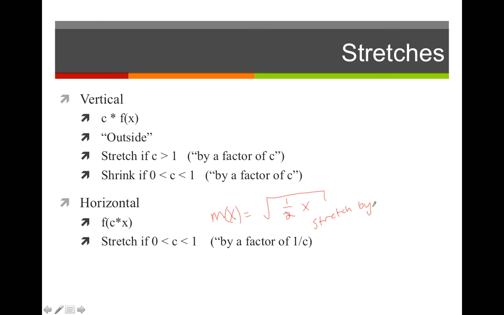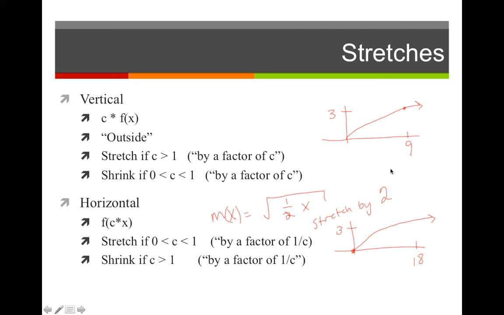So this stretches by 2, so it doubles my x values. So normally, when y is 3, x is 9. However, now when y is 3, x has to be 18. So it stretches me left and right. It stretches the width of my function.